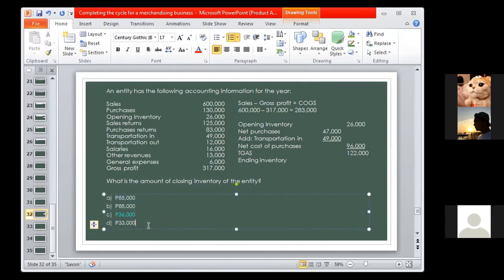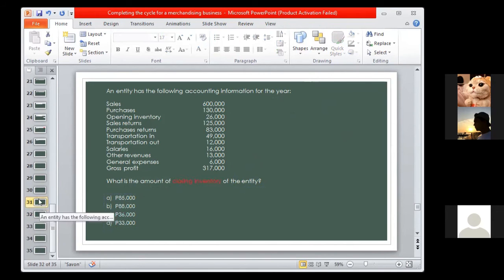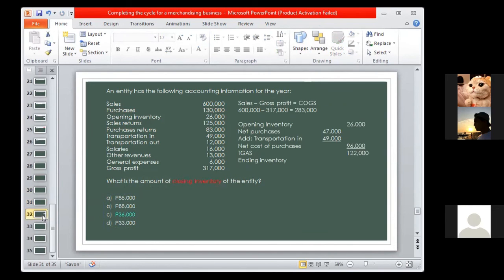Nagkamali ako, hindi ko napalitan. Meron ka bang sagot dito na nakuha, Rika? 122K. Sige, teka. Di niya sinulog sa gross profit.